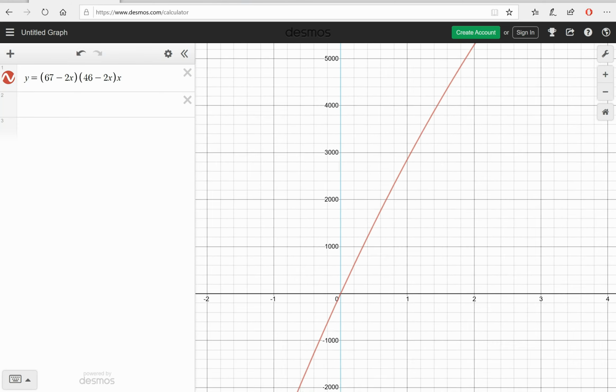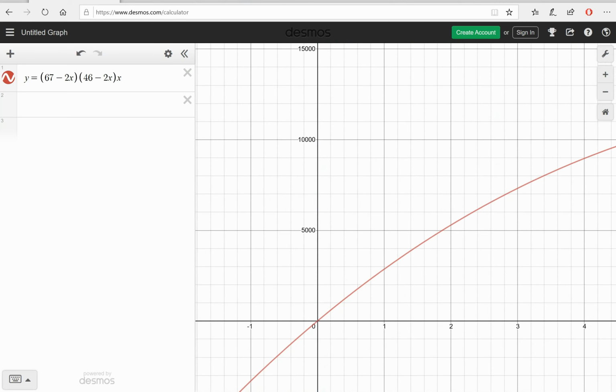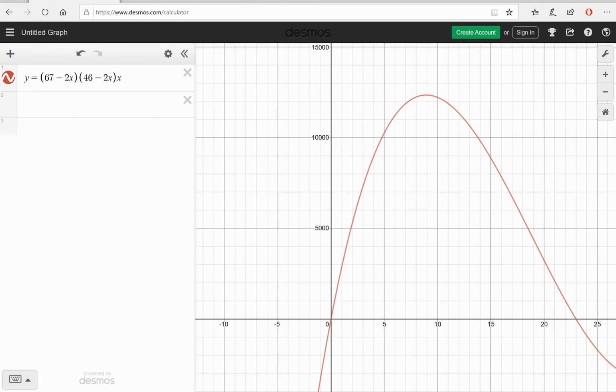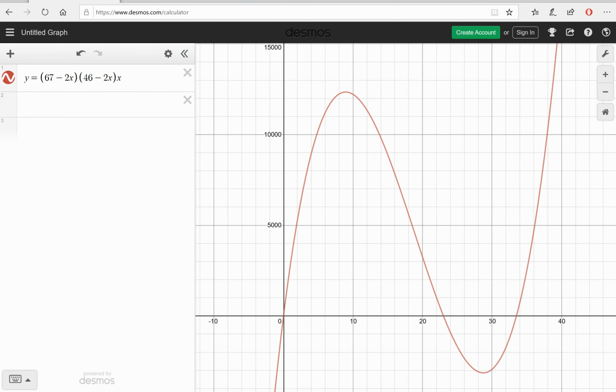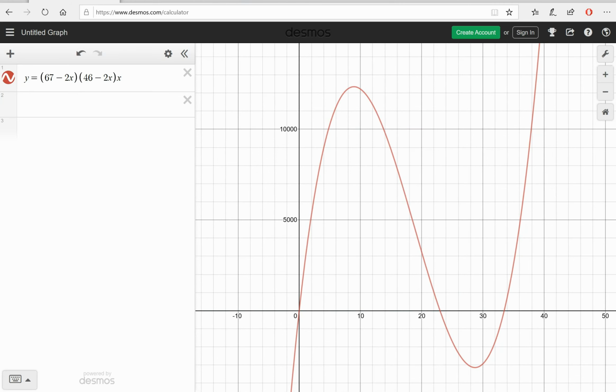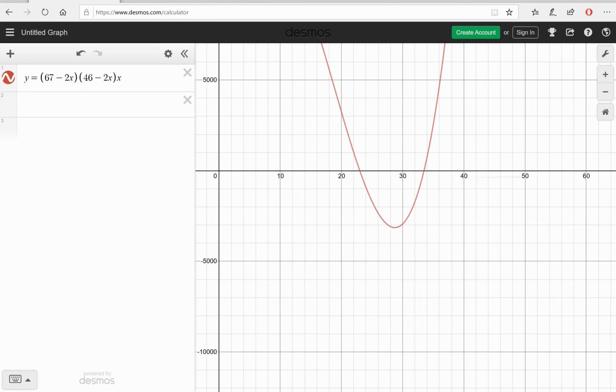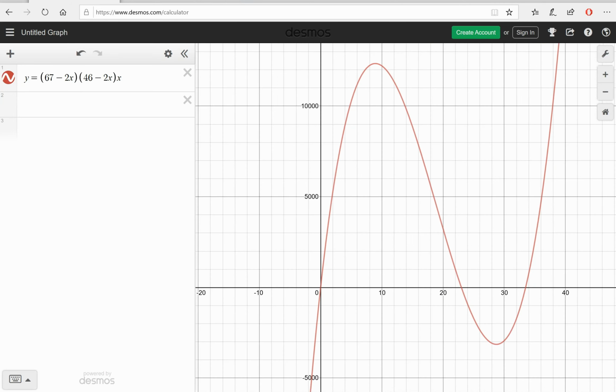There we go. Looks much better. If you look at the entire picture, it looks something like this, and that's what we predicted it to look like earlier. So that's our graph, and again, we are only going to consider the middle portion, from 0 to 23. You can see here the x-intercept of 23, the x-intercept of 33.5, and the x-intercept of 0.